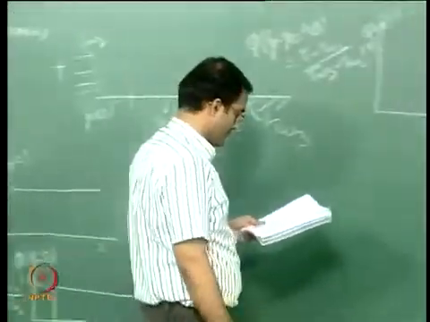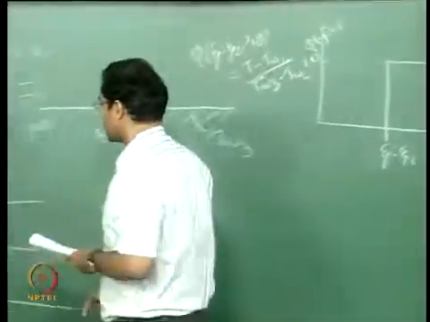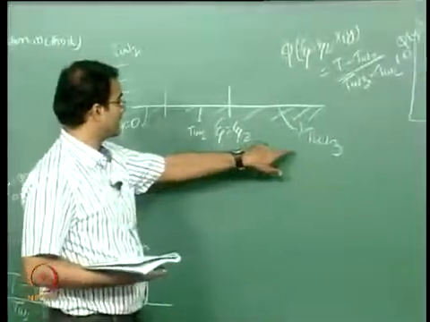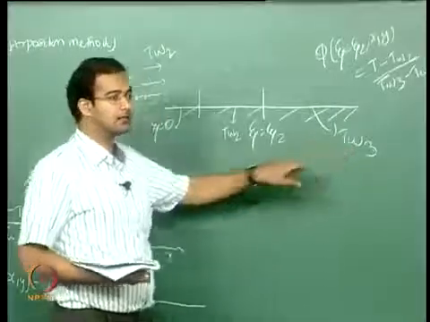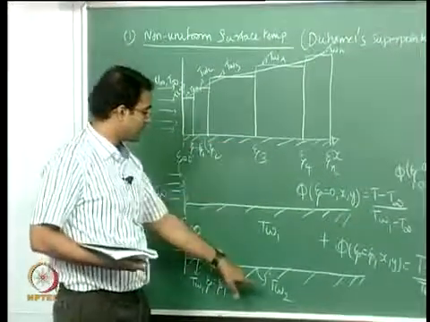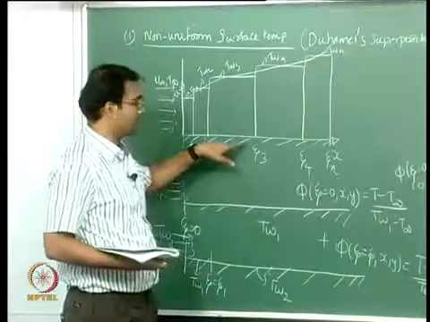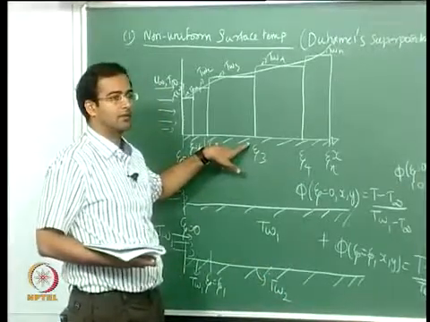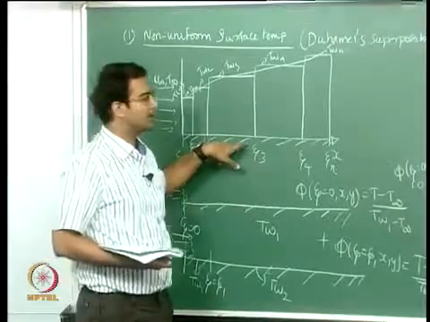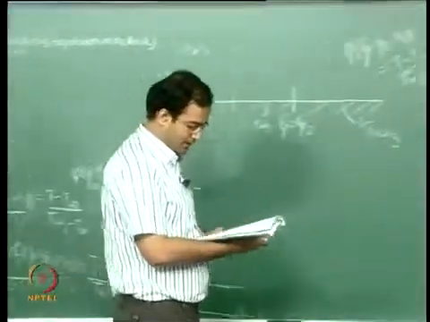Okay, so this is how you get different solutions. Now you have actually solved here for the remainder T wall 3 minus T wall 2 for this particular region. Okay, so already you had solved for T wall 2 minus T wall 1 and also for T wall 1 minus T infinity. So finally that will be T wall 3 minus T infinity. Okay, so then you can superpose all these solutions together.